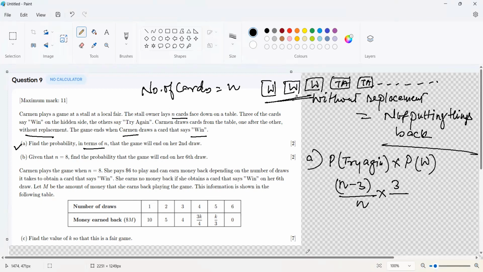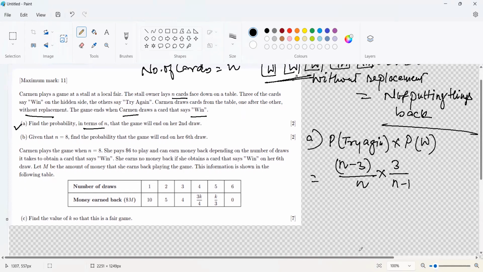This case is without replacement, so my sample size will also decrease by one. This is the answer, but we need to simplify a little. It will be 3 times (n minus 3), 3n minus 9, upon n times (n minus 1), so n squared minus n. This is that probability.